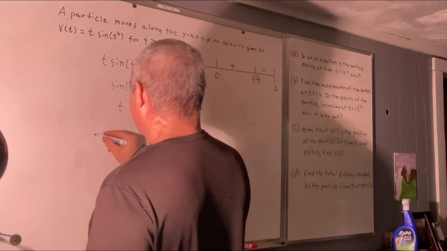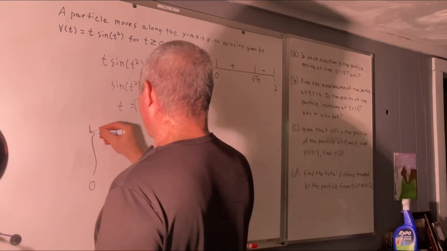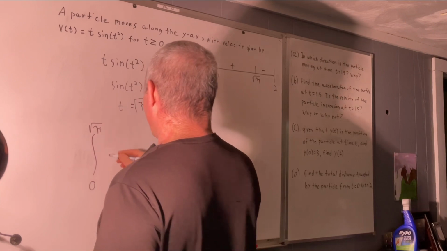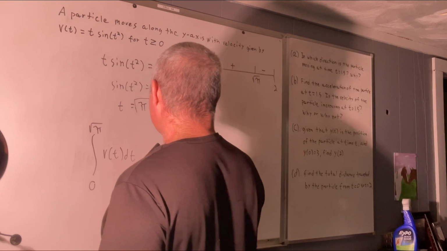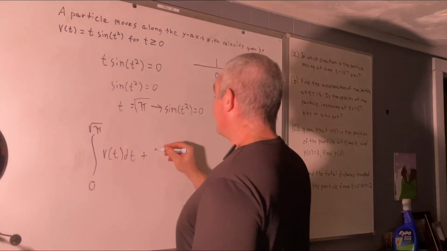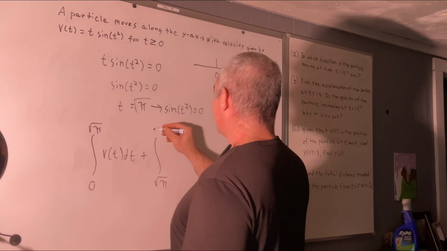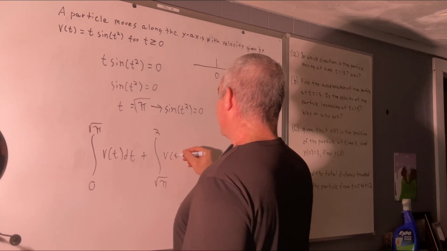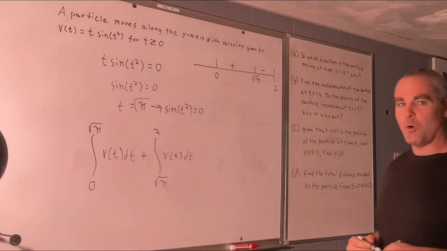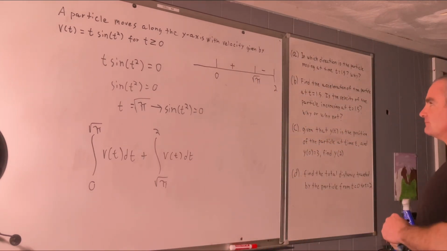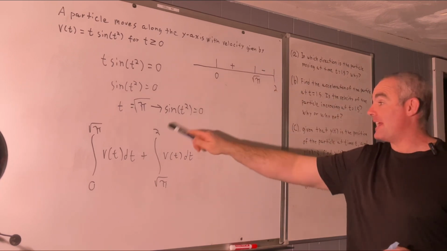We need the integral from 0 to square root of pi of v of t dt plus the integral from square root of pi to 2 of v of t dt, right? Nope, wrong. It's going down from square root of pi to 2.